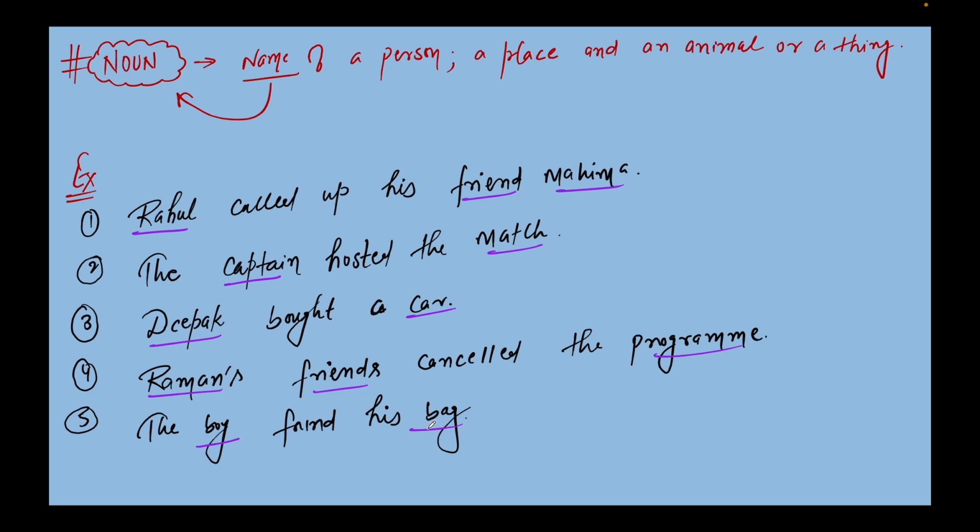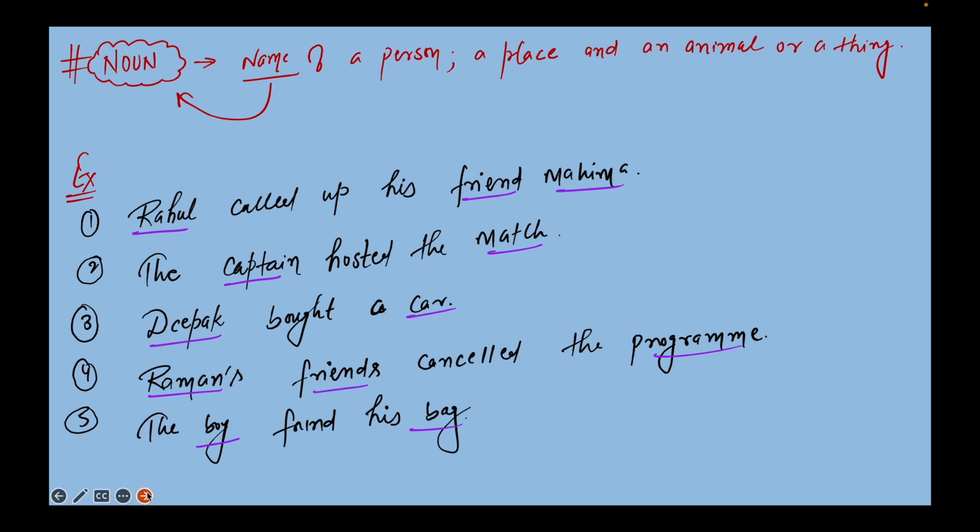So you have marked Rahul, friend, Mahima, captain, match, Deepak, car, Raman, friend, program, boy, and bag. All these are nouns, as these are names, and name means noun. Is it clear?